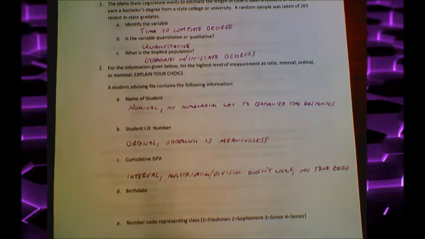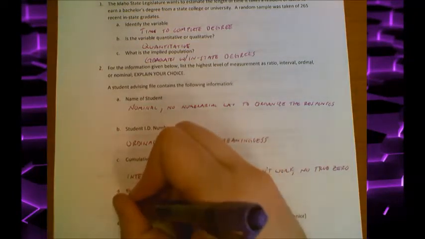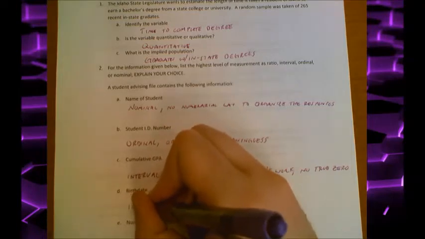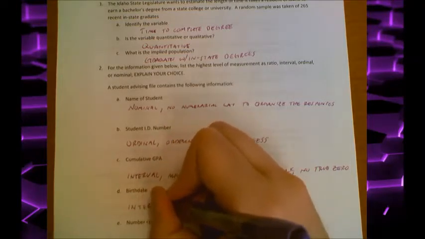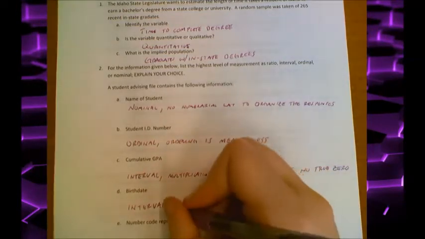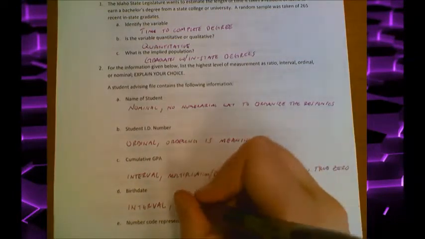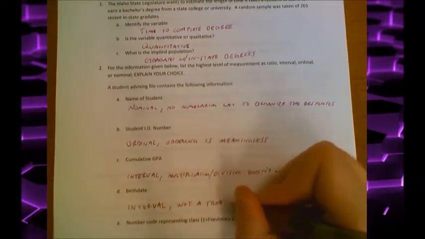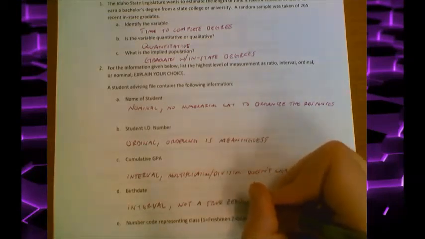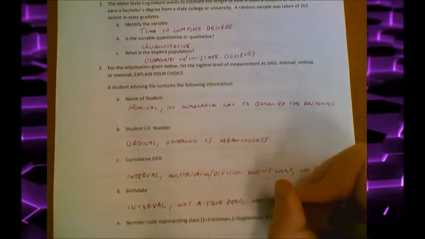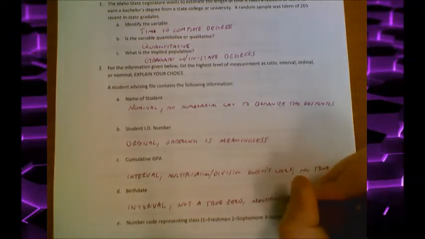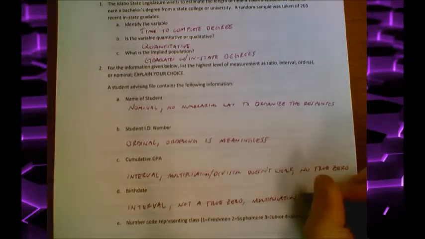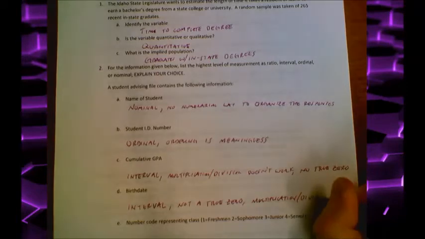So we can't quite make it up to the ratio level. So we're going to stop there at the interval level. And the reason, again, is there's not a true 0, and multiplication and division doesn't work.